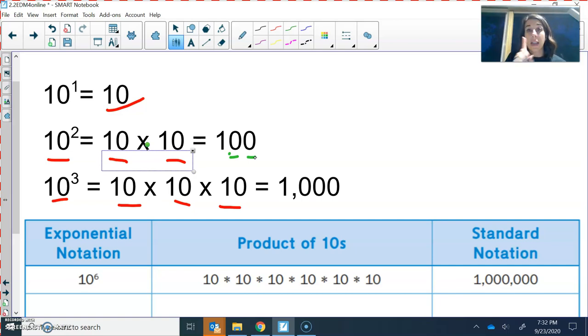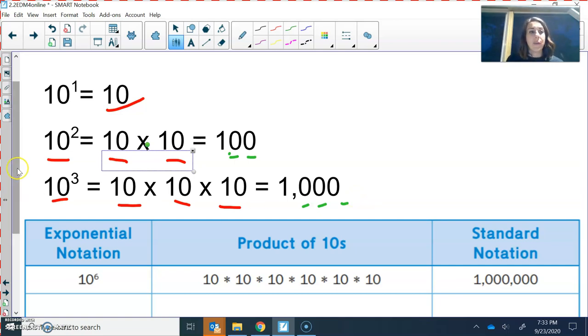Curious. Let's look at 10 to the third power. We are multiplying 10 3 times. How many zeros are in this answer? Let's count. 1, 2, 3. Oh, 10 to the third is 10 multiplied 3 times, and there are 3 zeros at the end. Guess what? That pattern works every single time.